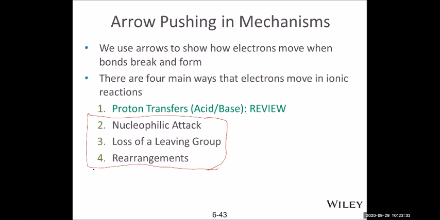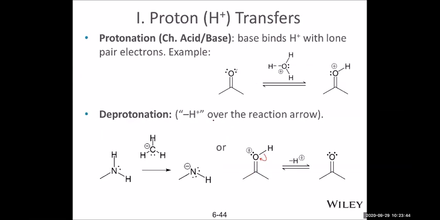This electron pair can come from a single bond, a double bond, or a lone pair, so there are all different possibilities. The proton transfer is the one we studied in the acid-base chapter. So here, I just drew those arrows.